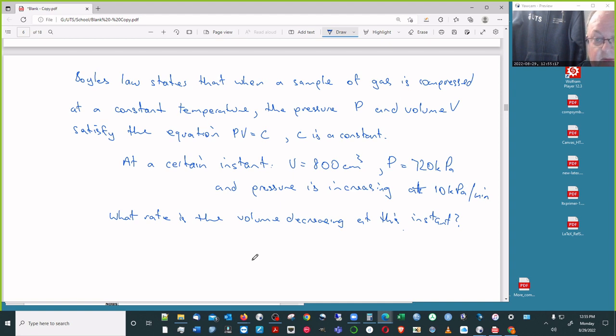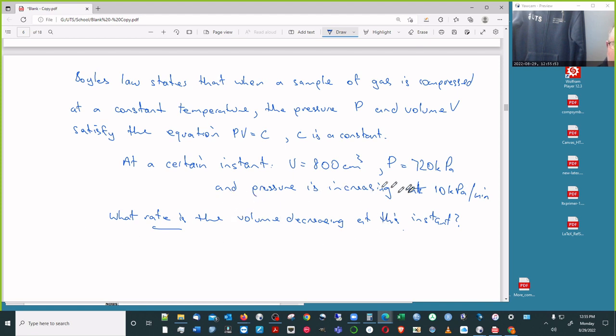Their product is constant, so there's going to be changes if the volume goes up or the pressure goes up and vice versa. So at a certain instant we're being given V and P, and the pressure is increasing at 10 kPa per minute. Now it's asking what is the rate of the volume.